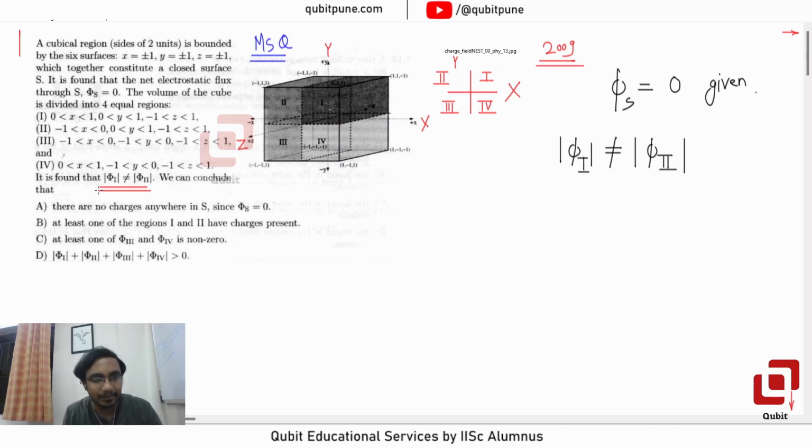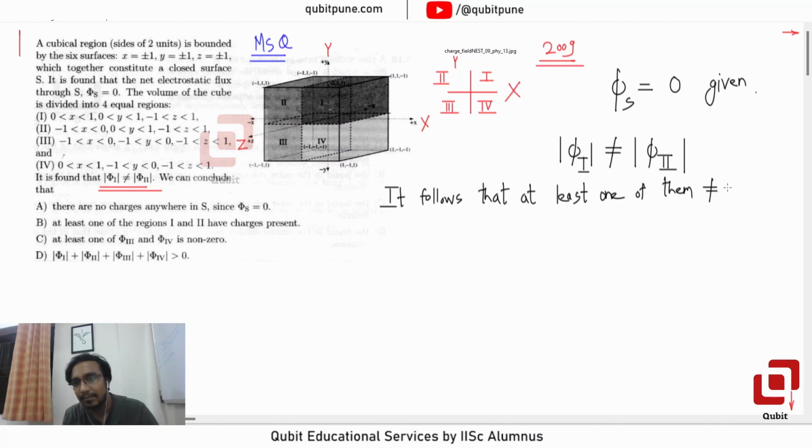Have you got this part? Now, this tells us something. When mod of one quantity is not equal to mod of some other quantity, what can we logically conclude? It follows that at least one of them is non-zero. So it could be either phi 1 or phi 2 or both.